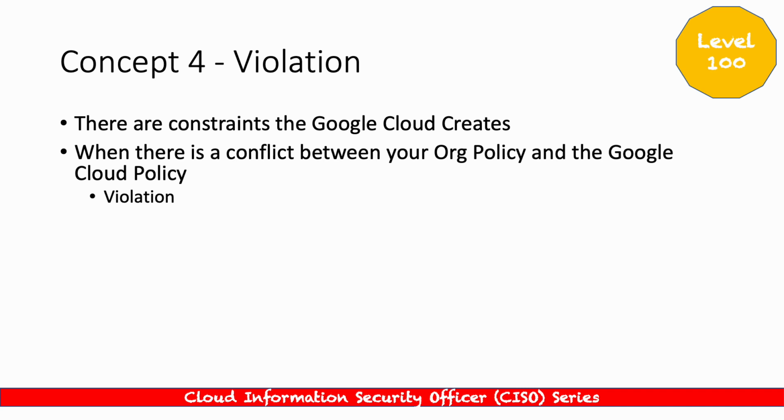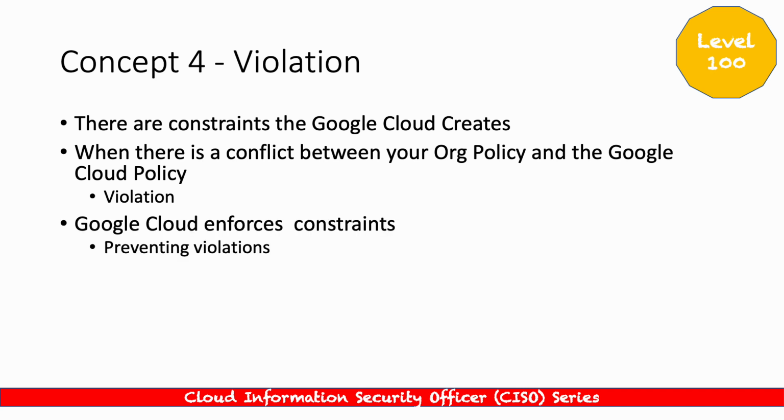So, for example, Google Cloud explicitly defines a constraint, a restriction. Then you go ahead and create an organization policy that contradicts Google Cloud's policy. In that instance, Google Cloud is basically saying you can't do that based on the restrictions we have imposed. So that's a violation.